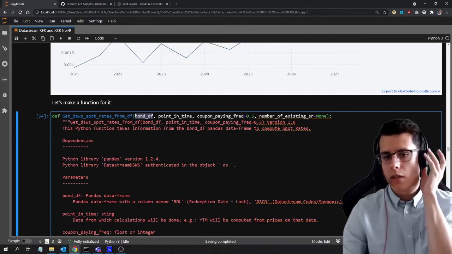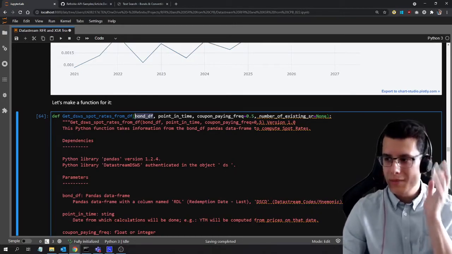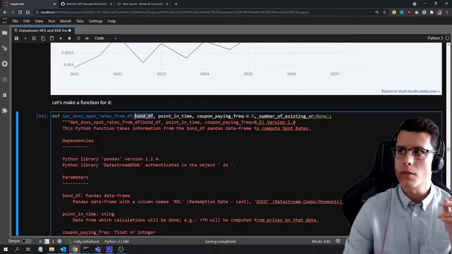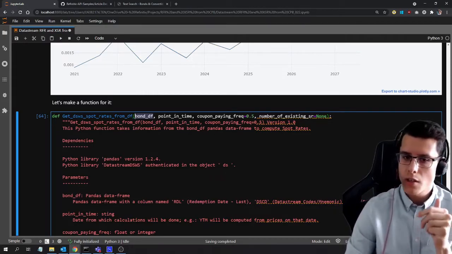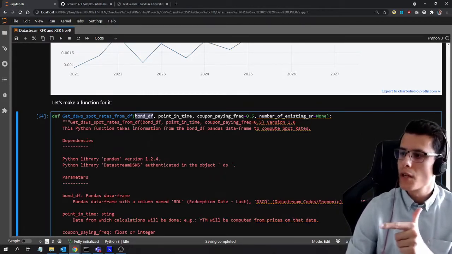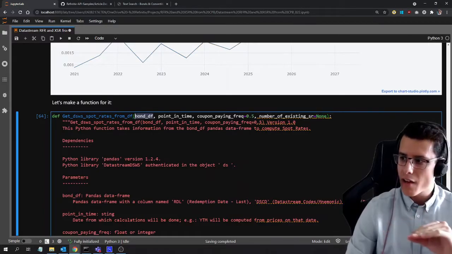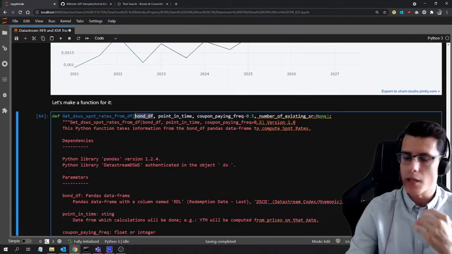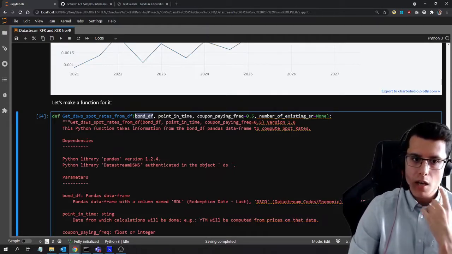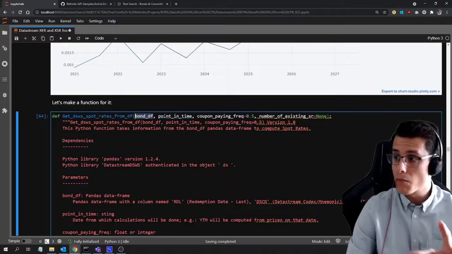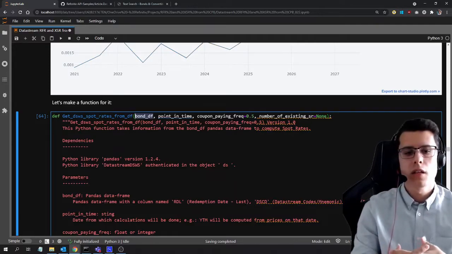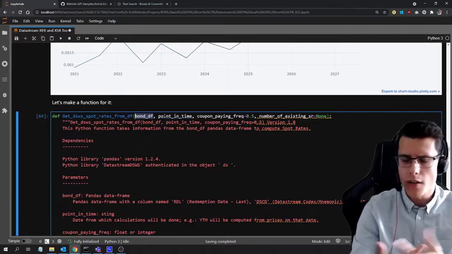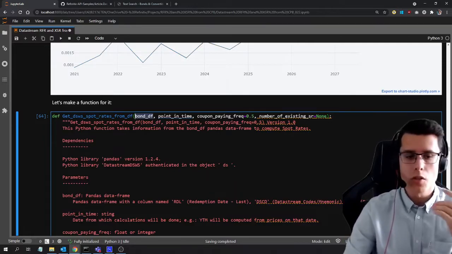I've done it on purpose because I thought maybe you'd have some data of your own, or maybe you're interested in scenario analysis, like what if the price was different? If I locked everything to Datastream, you wouldn't be able to change those prices because they would come straight from Datastream. So if you can make the data frame the same format yourself, but just change the price, for example, for scenario analysis, then by all means, go ahead.